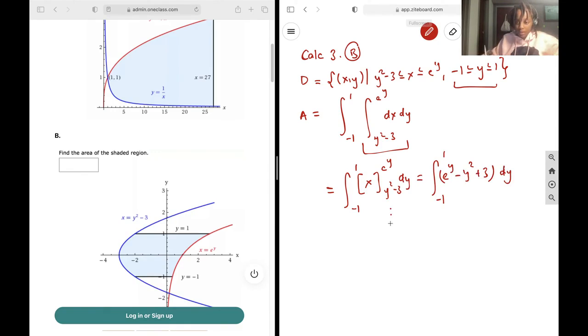Calculation proceeds exactly as it did if we use the calculus 1 method, and we finally get 16 over 3 plus e plus 1 over e. And that's going to be our final answer.